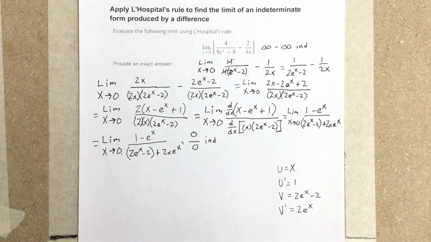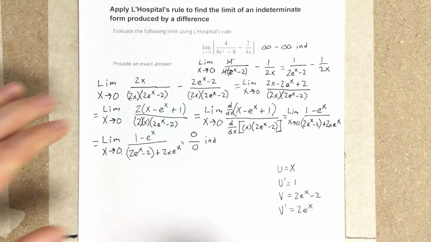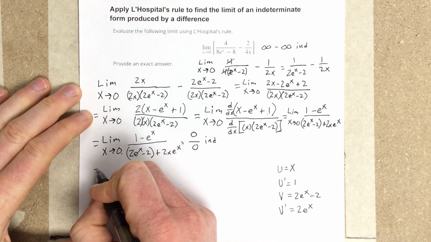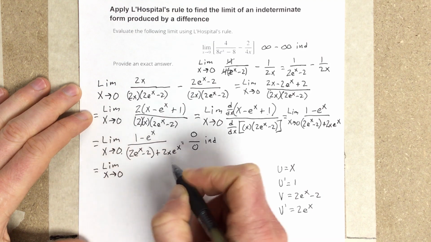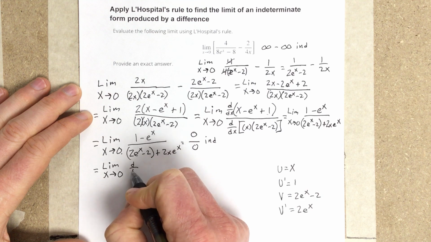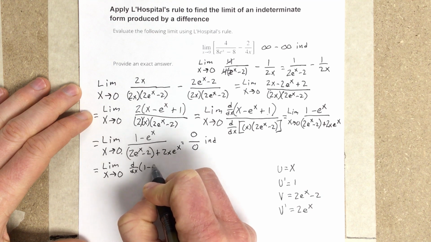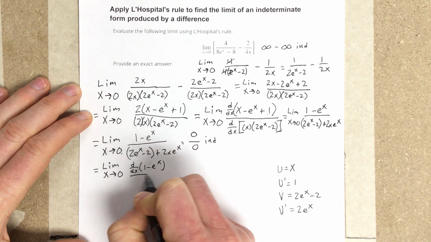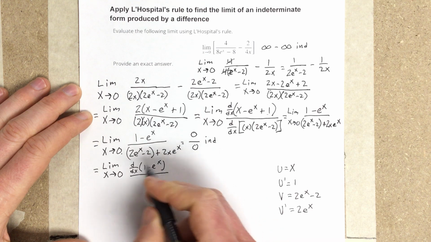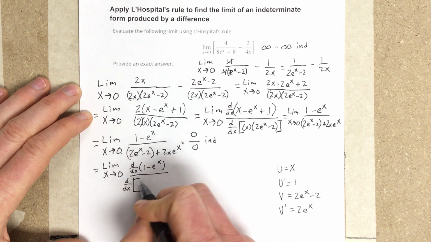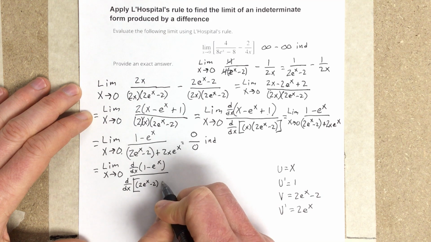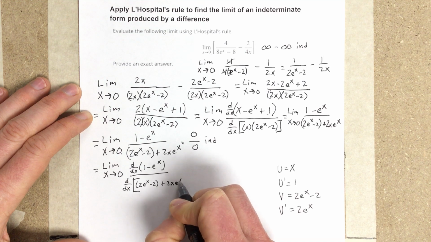So what I'm going to do is take the derivative of the top and the bottom again. The limit as x approaches 0 of the derivative of the numerator, which would be negative e to the x, over the derivative of the denominator, which is 2e to the x minus 2 plus 2x e to the x.